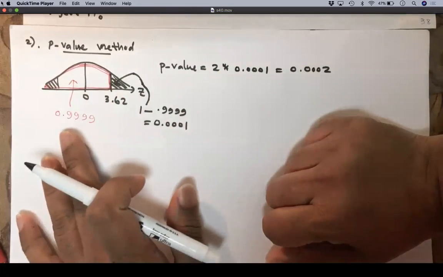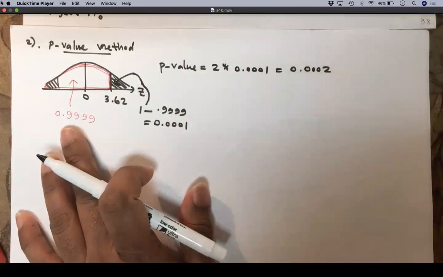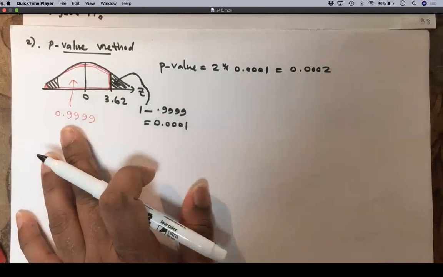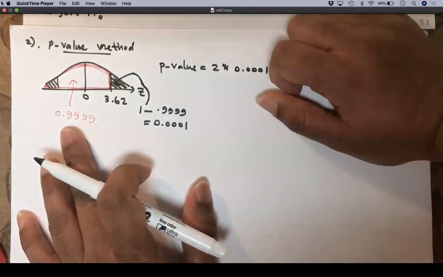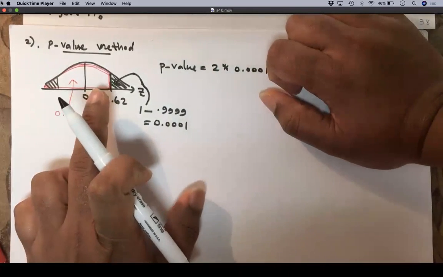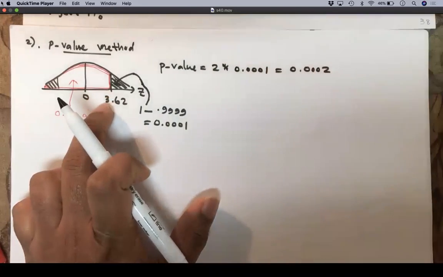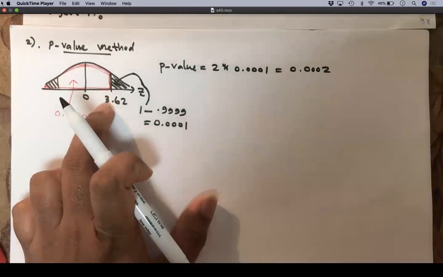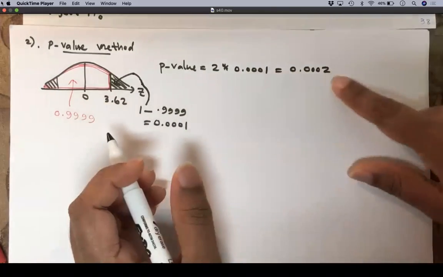I think it's in slide number 29. There it says if you have a two-tail test and a positive test statistic, you have to find the area to the right of the test statistic, then multiply it by 2. So this is our p-value.